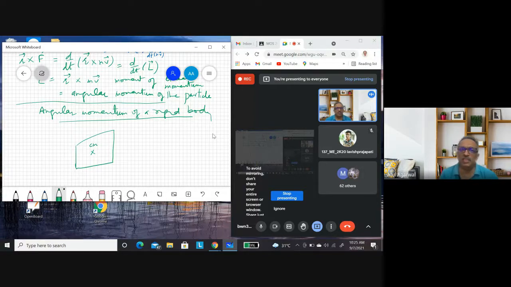Now we know we can represent general rigid body motion as translation of a reference point and rotation of the rigid body about the reference point. So you have a fixed coordinate system. You represent the position vector of the centroid of the body with respect to this coordinate system.